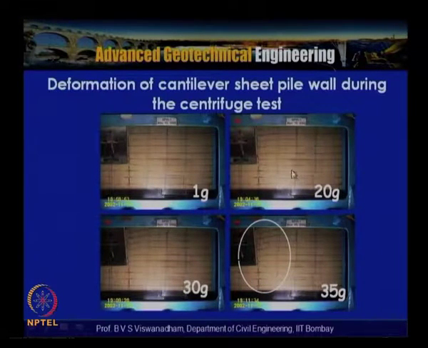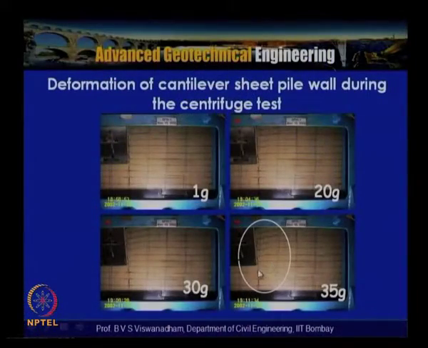That is what, in the previous discussion on the relevance of centrifuge based physical modeling, we said: as long as d is greater than alpha times h, we can ensure that factor of safety. That is only valid theoretically, but in reality it also depends upon the stiffness of the sheet pile wall.